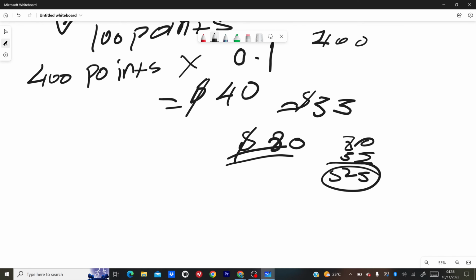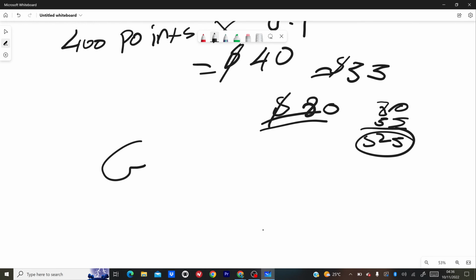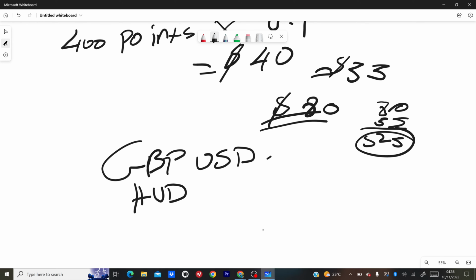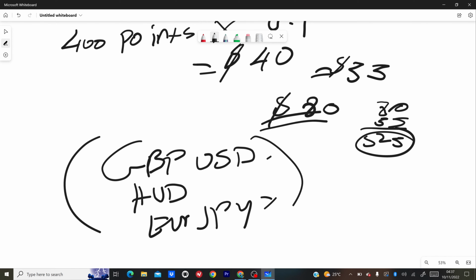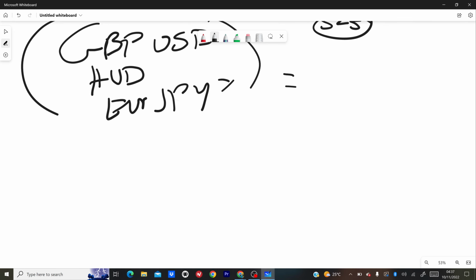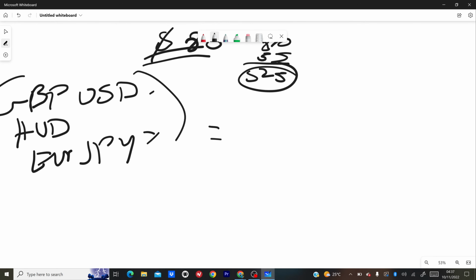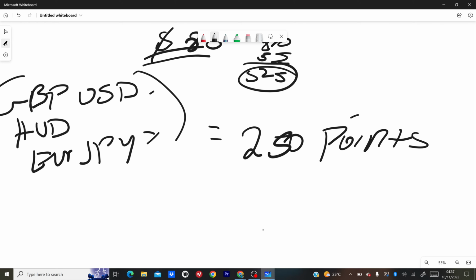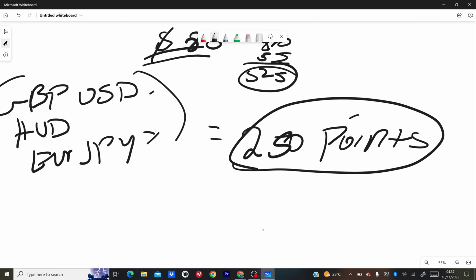And for this you can just go to the other pair, maybe it is GBP, which is also volatile, and also USD, you can even go to Euro JPY. These are volatile pairs that you can just select, and the target over here is actually 250 points.